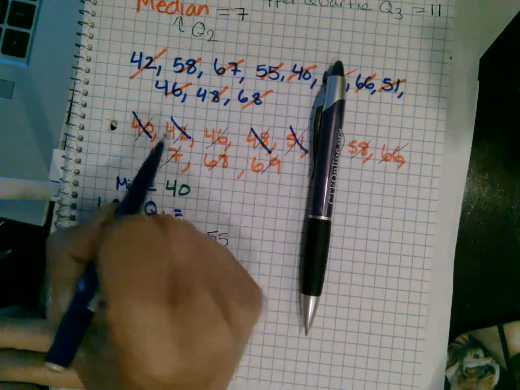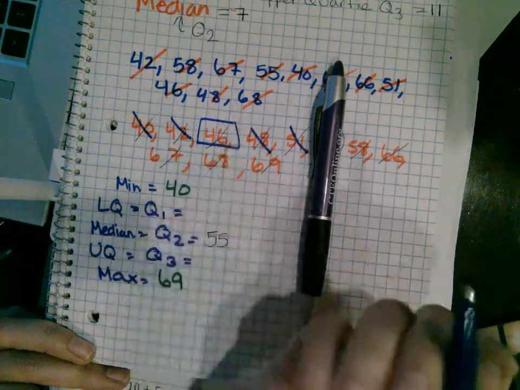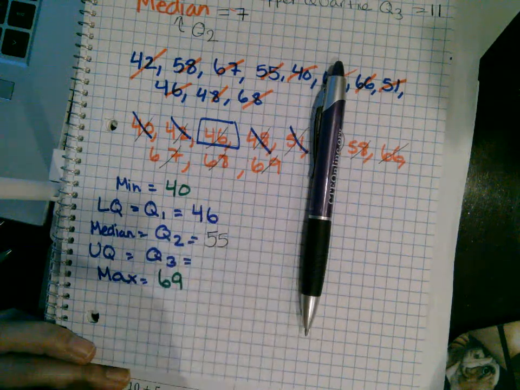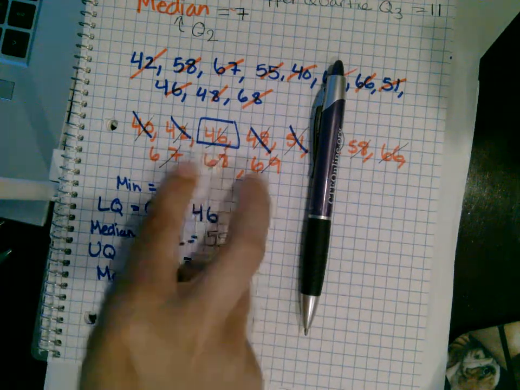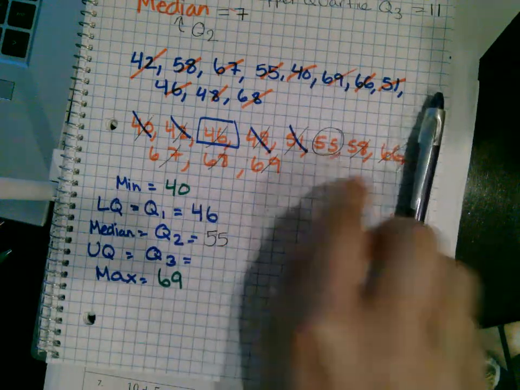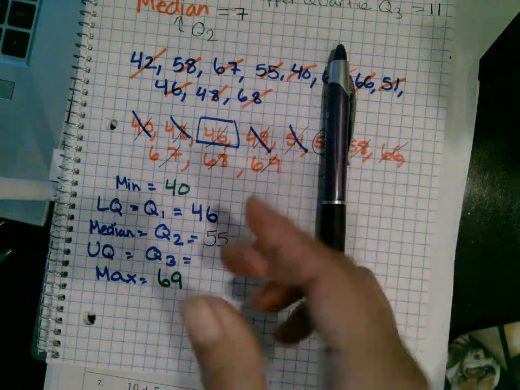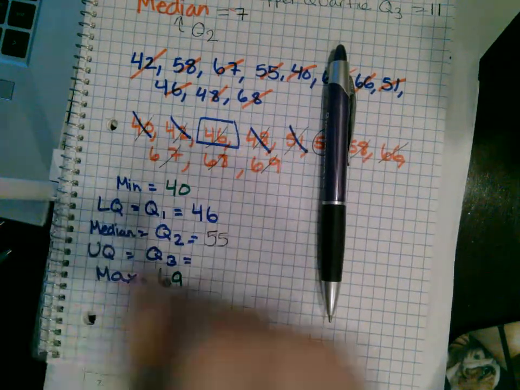I have 2 crossed out here, 2 crossed out here. So then therefore this is the middle number. So lower quartile is 46. Because it's the number in the middle of the first part. Notice I'm not using the 55. 55 is done. We're not using that anymore. It's in the middle. It kind of shows us where the middle is. So what's the number in the middle of the first part? 46. 2 in the front, 2 in the back.